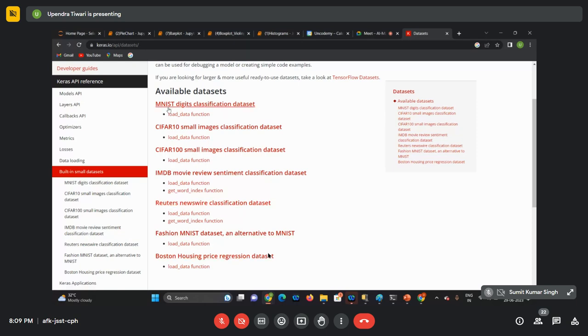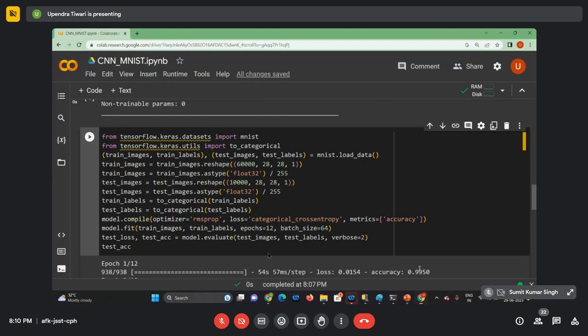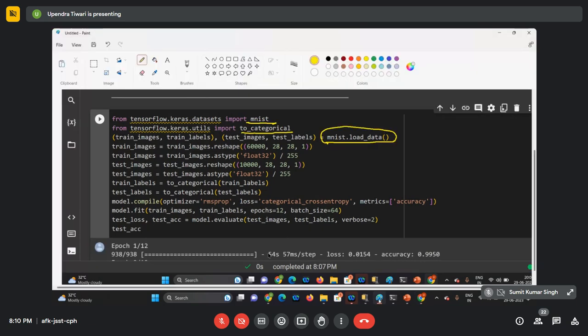Out of that, we have used MNIST. This MNIST data consists of 70,000 images. Out of that, we have split them into train and test.